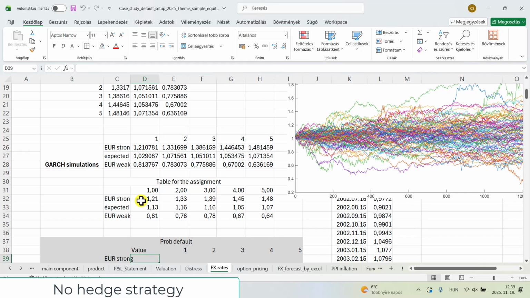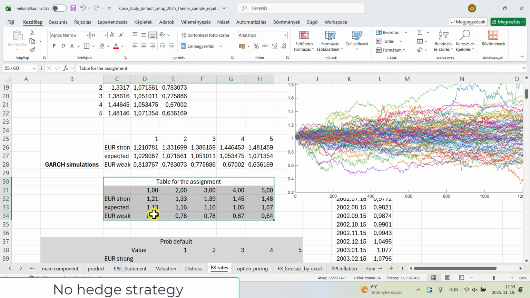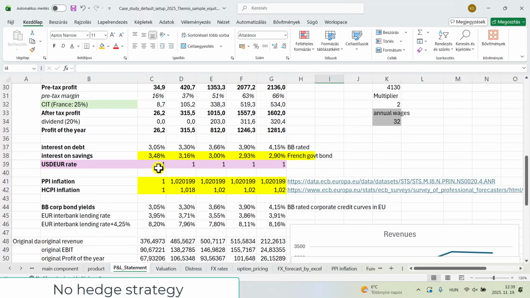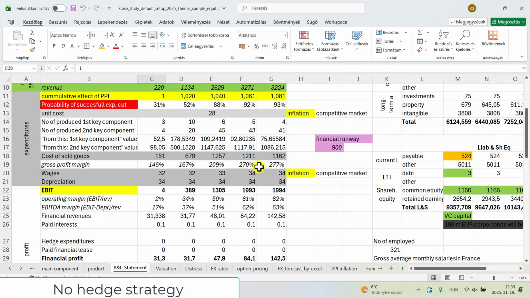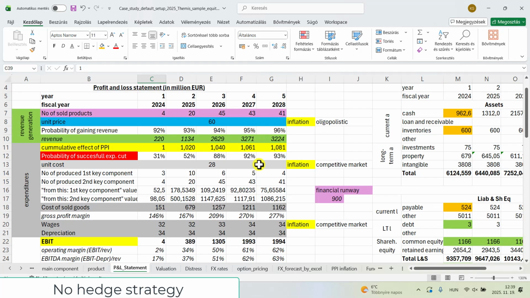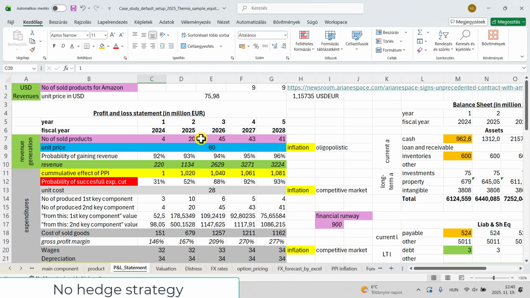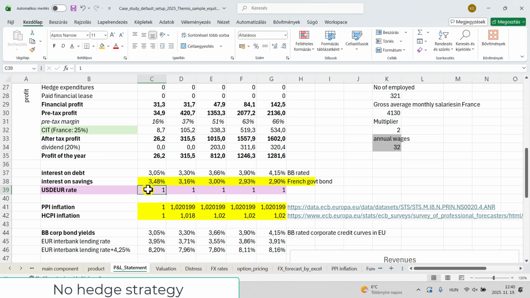Okay, so if I did everything completely well and nicely, then we just have to go for the profit and loss statement. And here we can see this exchange rate. So right now everything is set to 1, because at the beginning I did not want to overcomplicate the assignment. So now we just have to change it. First of all, save everything.